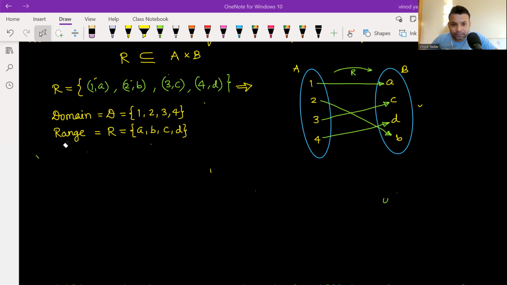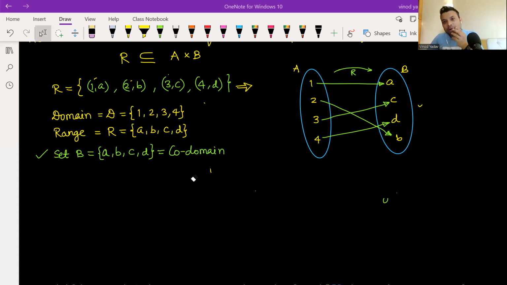All right. And set B entirely is the codomain. Now there can be two possibilities based on the relation between the codomain, that is set B, and the range. It's not necessary that all the elements of the codomain will be images of the domain.